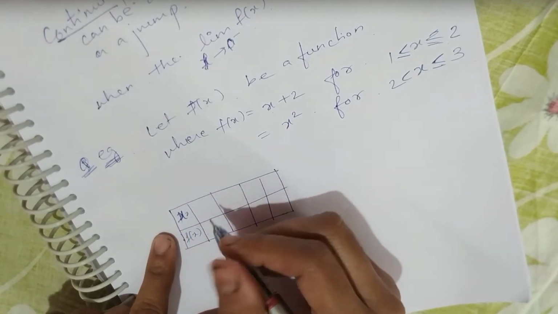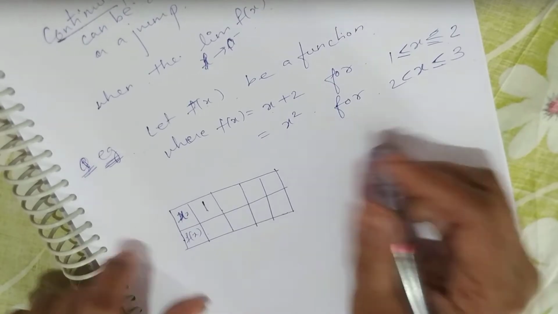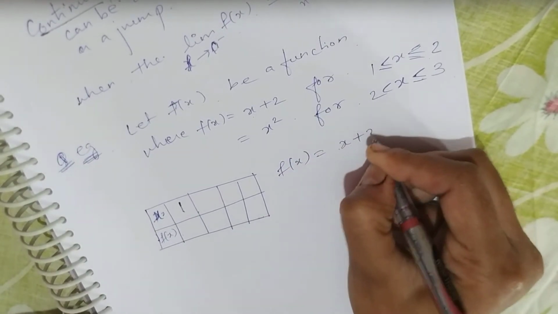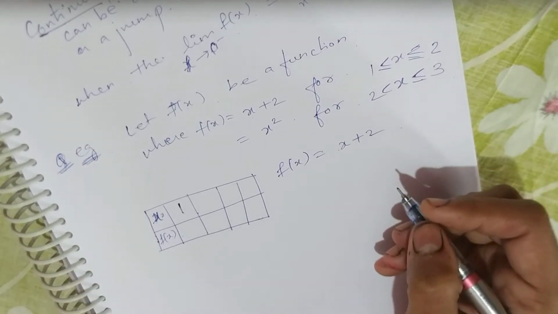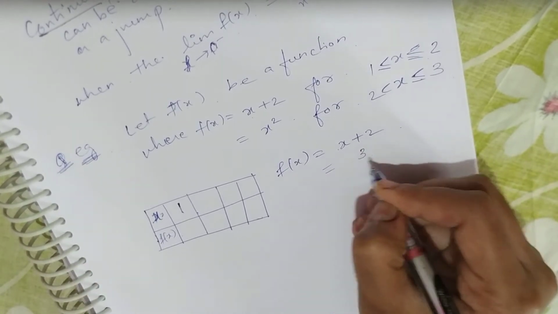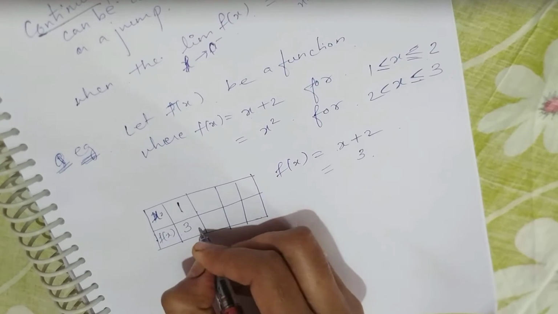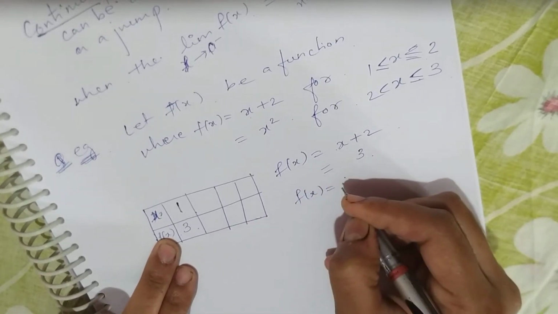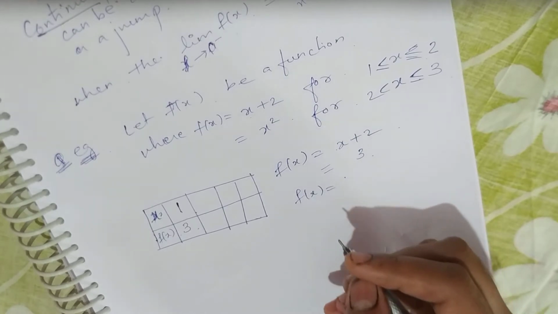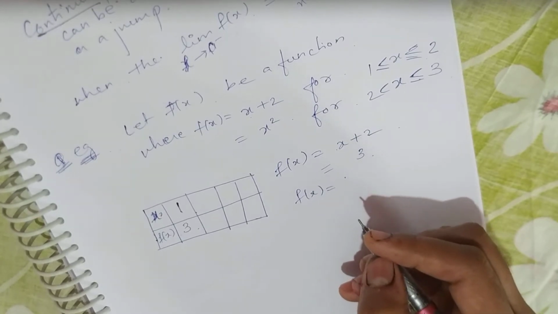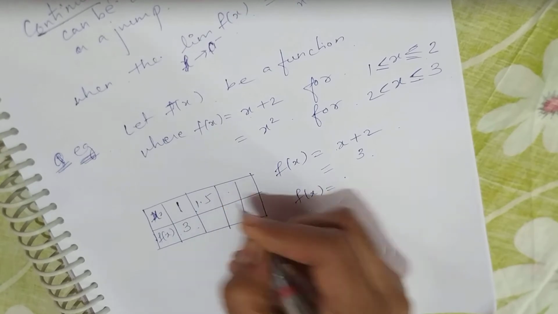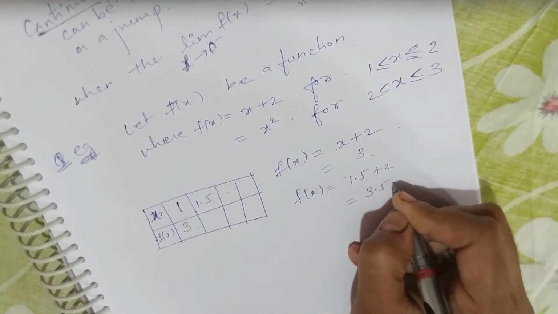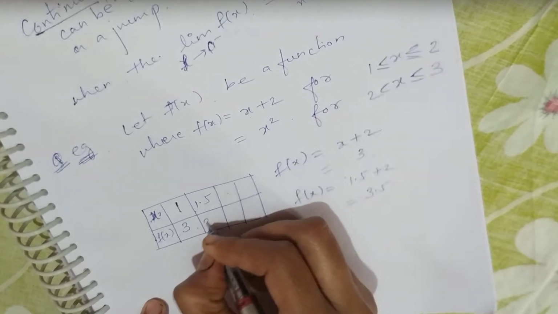When the value of x is 1, the value of f of x for the function x plus 2 is 3. When the value of x is 1.5, the value of f of x becomes 3.5.